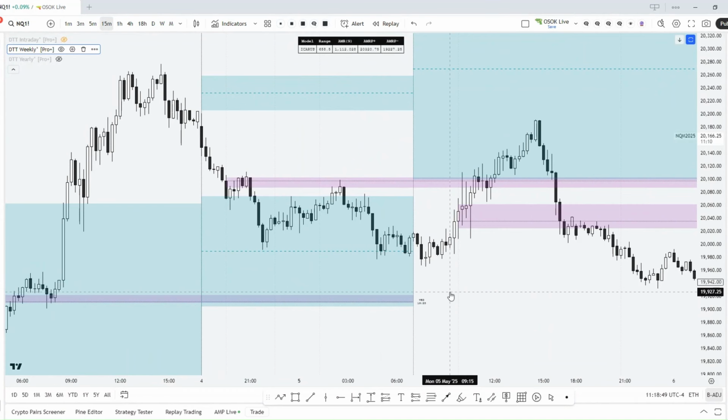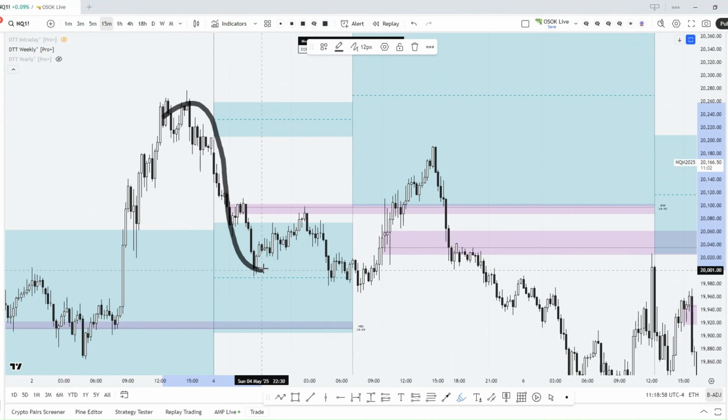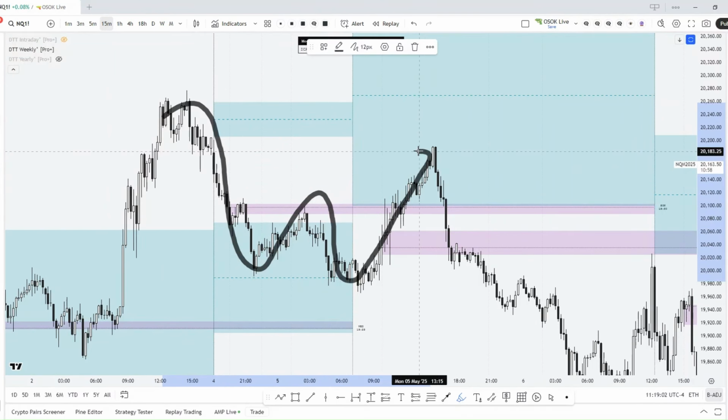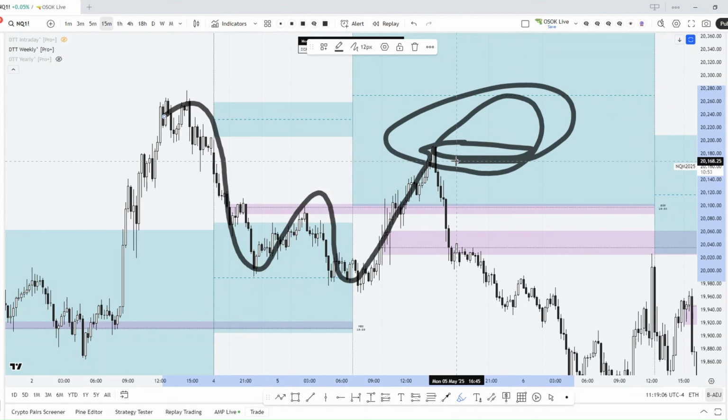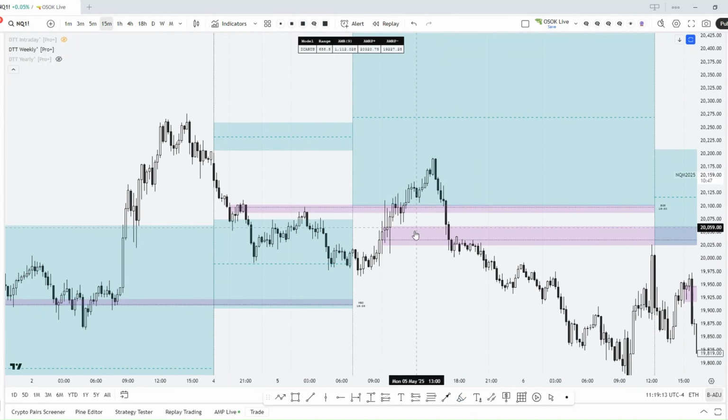Something I like talking about with these ranges too is once you have a pretty decent trend, for example, price starts to distribute down, you'll often see it revert back into premium pricing, which is this area up here. When that happens, you'll see it snap back and continue the trend. I love those moments because this happens on intraday models too.